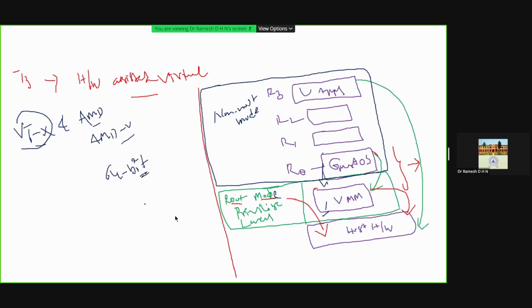In this way, the concepts of binary translation, operating system assisted virtualization or paravirtualization, and hardware assisted virtualization have been discussed.